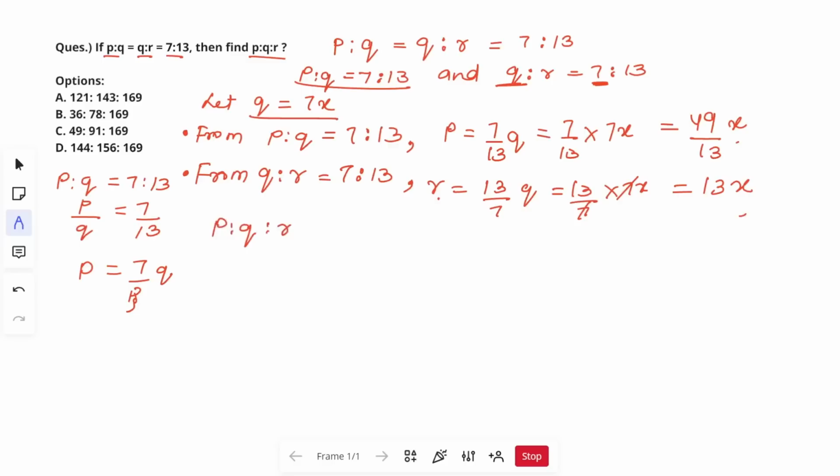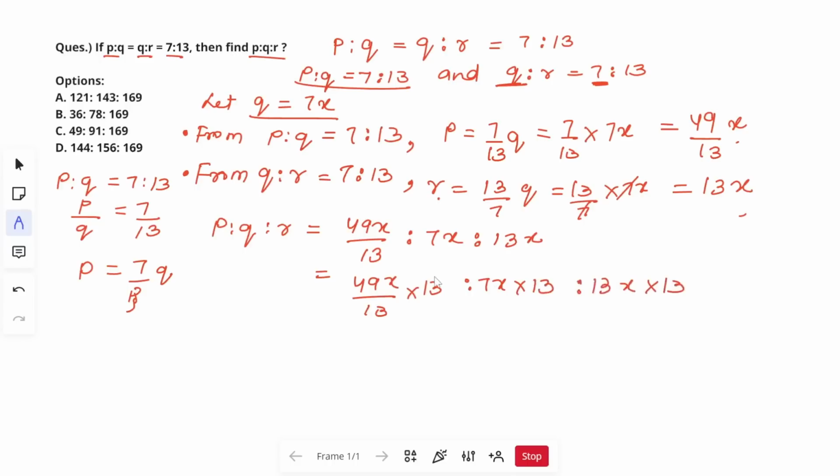Now let us substitute all these values. So P is to Q is to R can be written as 49x by 13, which is the P value we have got. Next is Q, which is 7x, which we assumed, and the R value that we have got is 13x. Now we simply multiply all three values by 13 to simplify further. So 7x into 13 and 13x into 13.